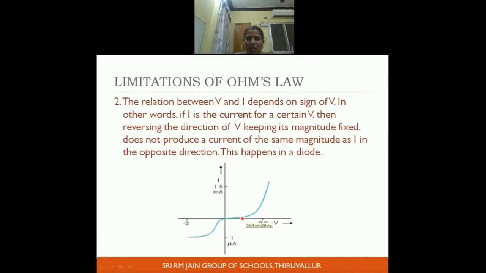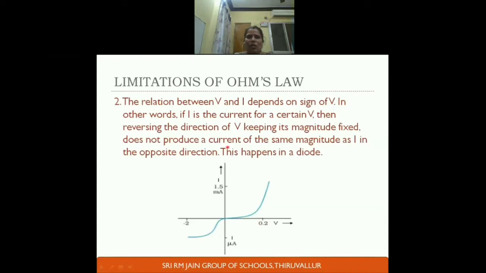Once it reaches a certain voltage, the current increases. So this is not a linear graph.